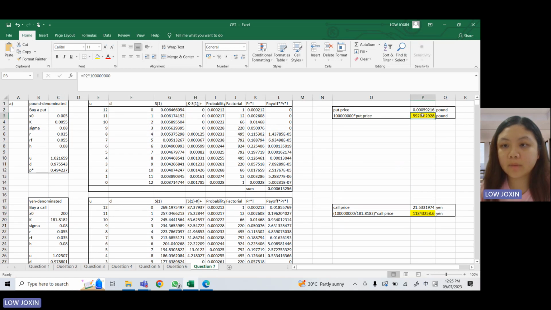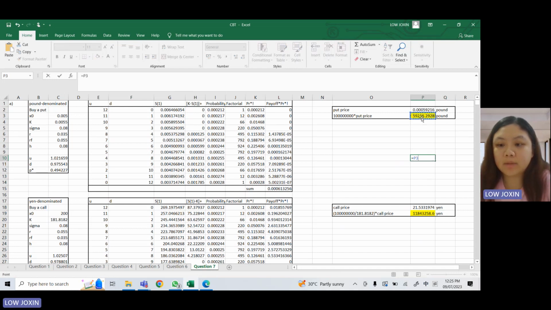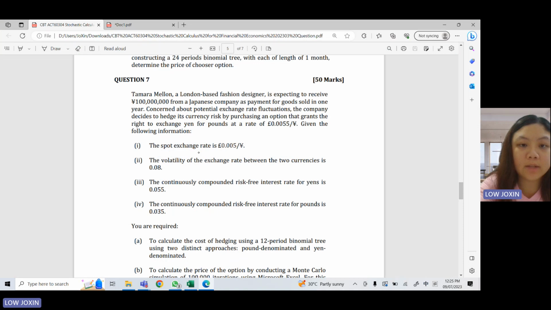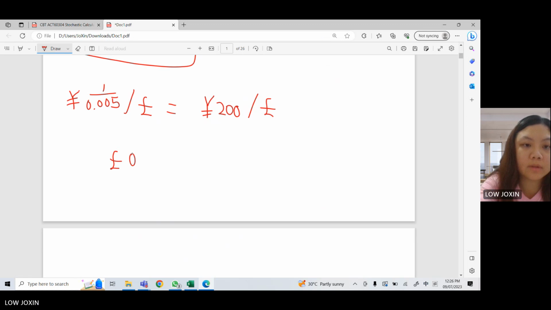And we also can see that this is basically the put price in pound converted to yen using the current exchange rate. So it means that this is multiplied by the current exchange rate. The current exchange rate is 0.005 pound exchange with 1 yen.